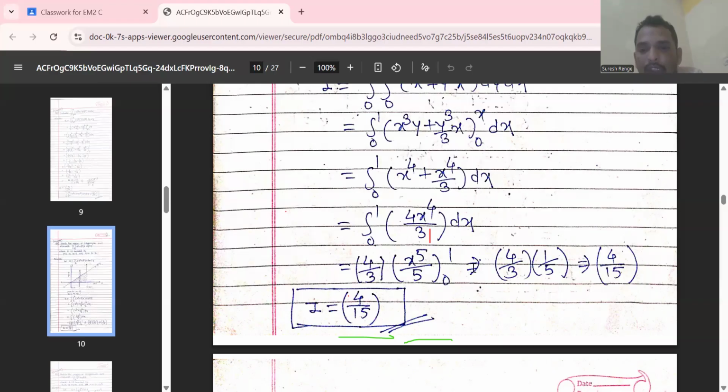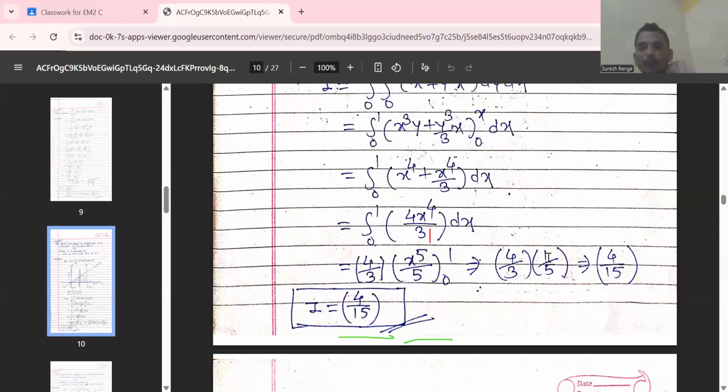Put the upper limit minus the lower limit: the lower limit gives 0, and for the upper limit x is replaced by 1, giving 1 by 5 minus 0, which is 1 by 5. So 4 by 3 into 1 by 5 is the value of the integration.